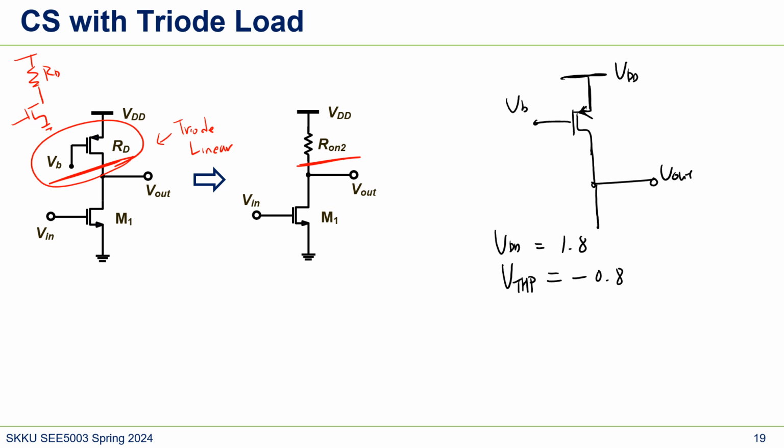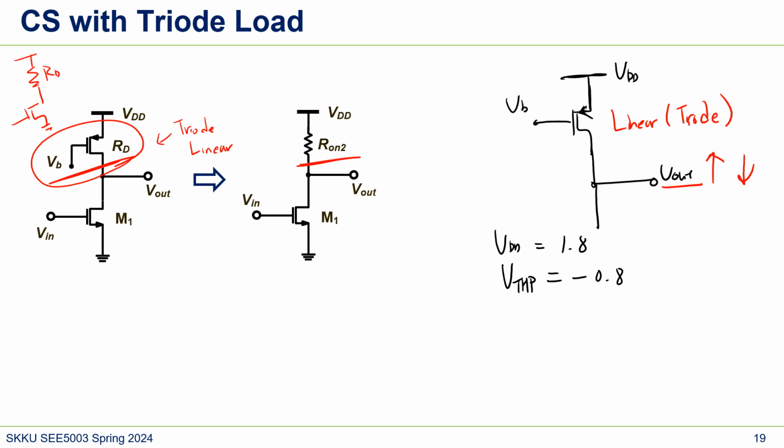First of all, we said this is linear, or triode. To do so, should Vout be high, or should Vout be low?